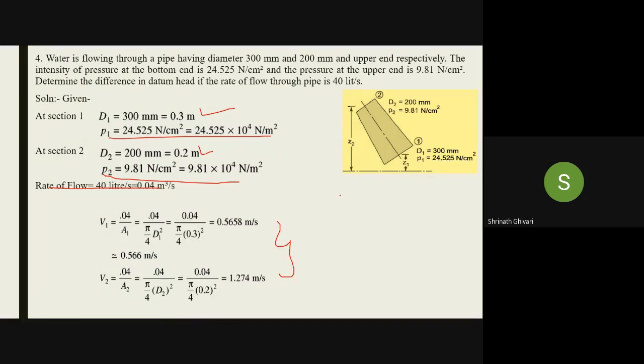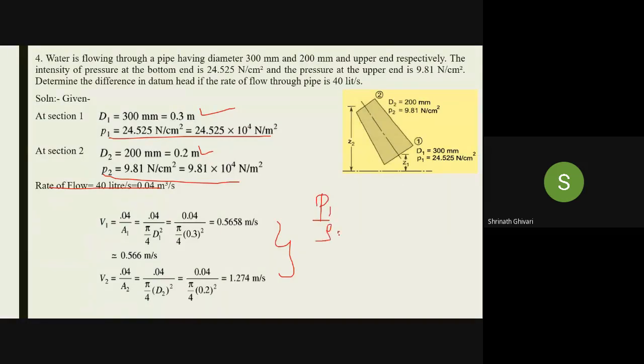So which equation are you going to use? Same equation.